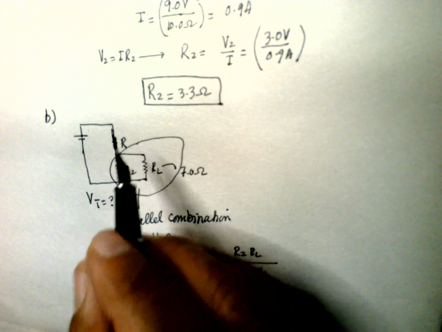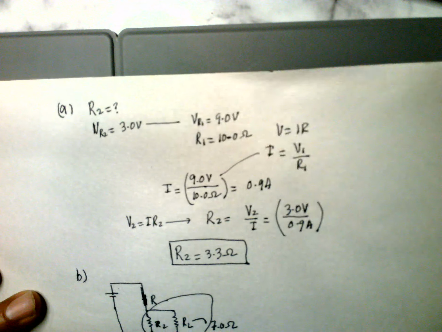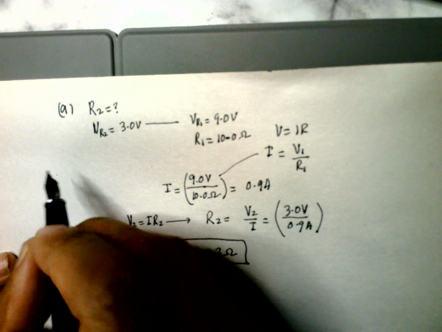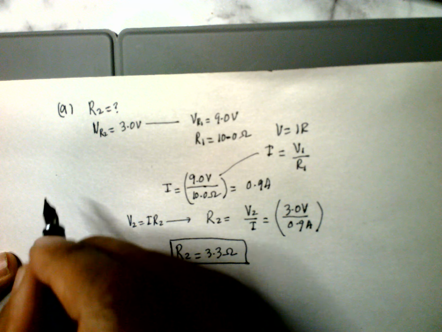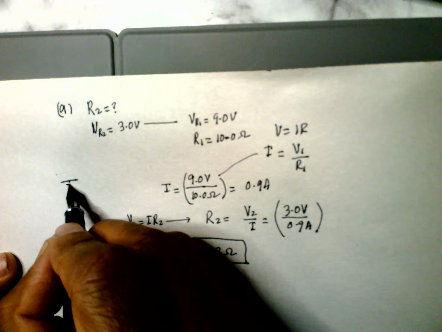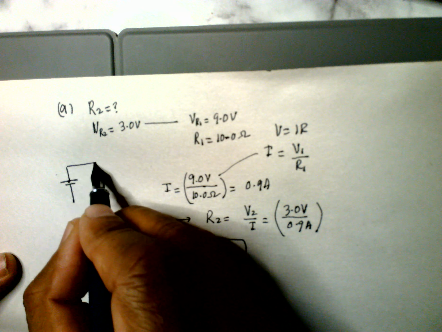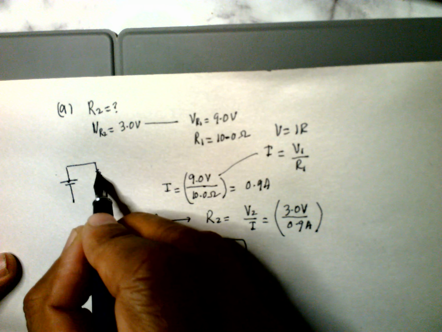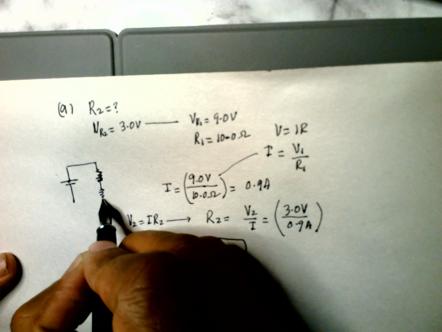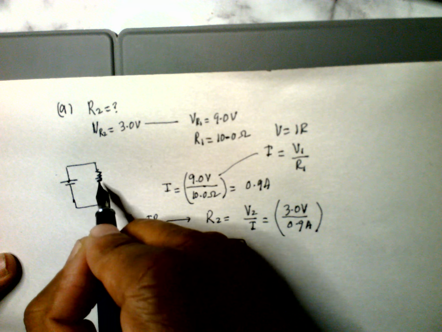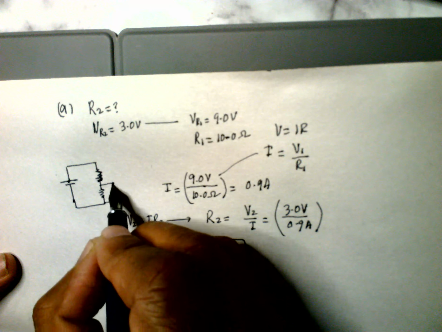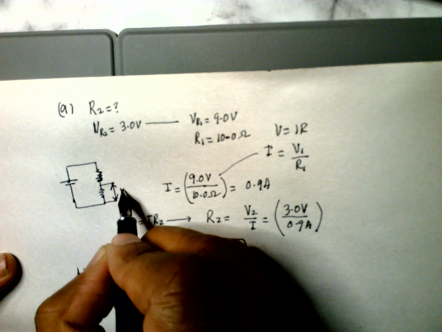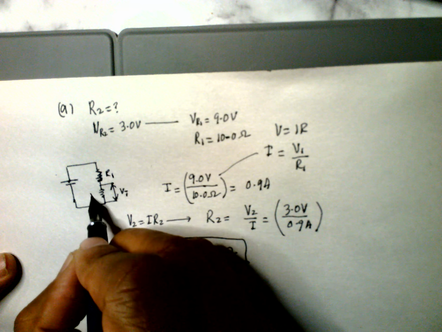So in the first case is this circuit, positive, negative, this resistor, then another resistor, this one, this is V terminal, this is R1, this is R2.